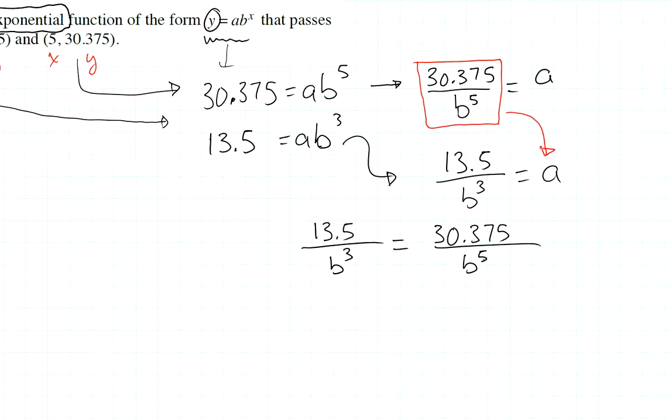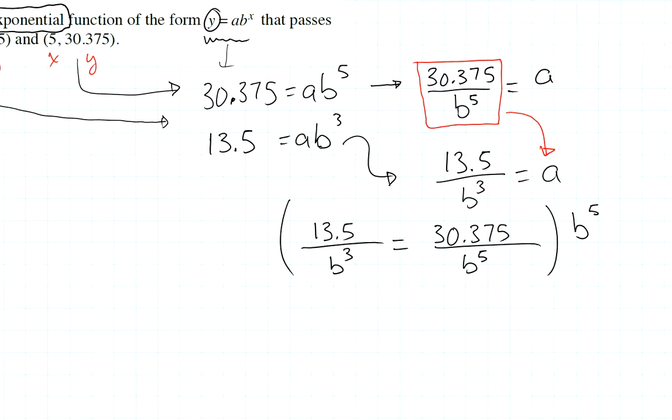Moving forward, I need to solve this. One of the things that I like to do whenever I see fractions is figure out how I can clear those fractions. For this particular one, it is a proportion, but I can multiply both sides by b to the fifth power. So I put parentheses around here indicating that I'm going to multiply both the left and the right-hand side by b to the fifth.